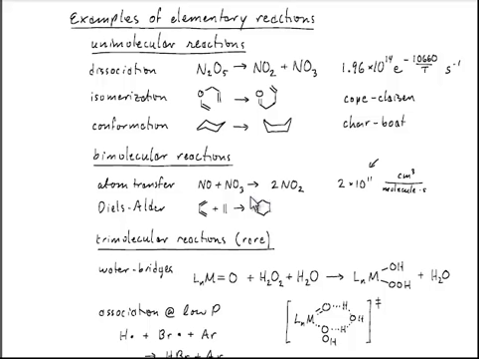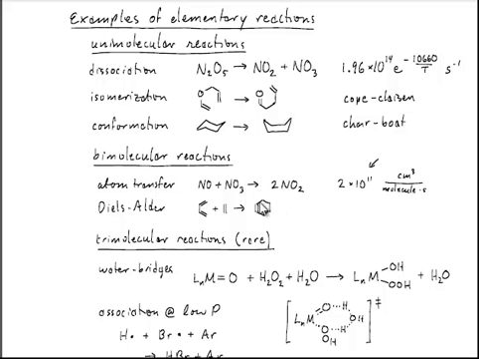Another common example from your chemistry courses that you may remember as a bimolecular reaction is the Diels-Alder reaction, where the conjugated diene here combines with the olefin and makes a molecule with a ring and a double bond.